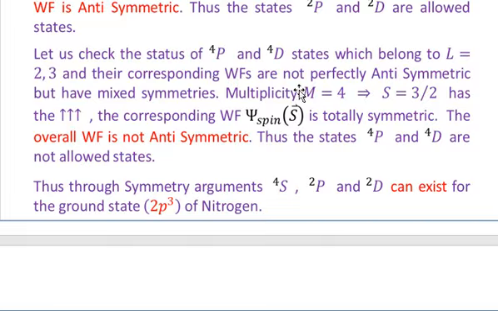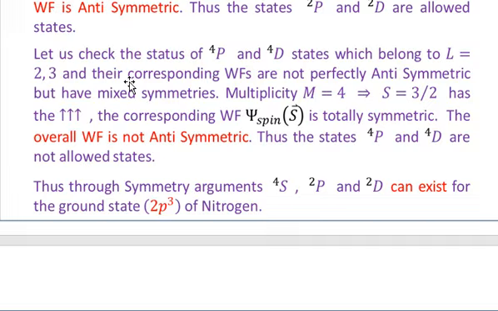And their corresponding wave functions are not perfectly antisymmetric and have mixed symmetries. Multiplicity M equal to 4 means that capital S is equal to 3/2. That is, all three electrons, or fermions, have the same orientations. That is, the wave function due to spin is a totally symmetric wave function, because S equal to 3/2 gives you a totally symmetric wave function. Whereas for the case of 4P and 4D, we have seen that this is the case of mixed symmetries.